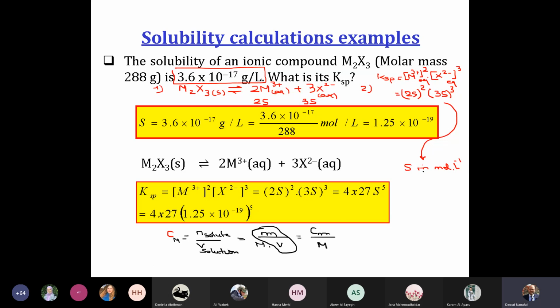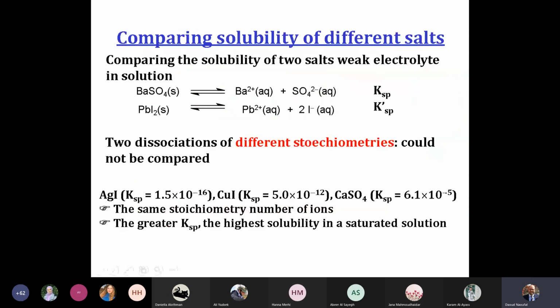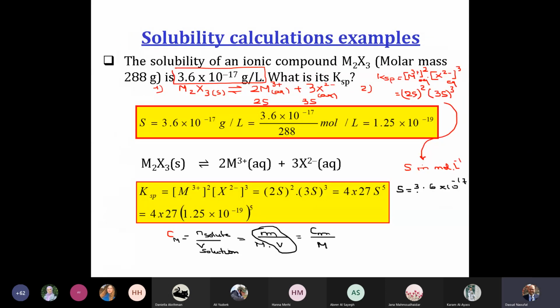So to transform the solubility from gram per liter to mole per liter, we do the ratio: S equals the mass concentration, 3.6 times 10 to the minus 17, divided by the molar mass, which is given as 288.